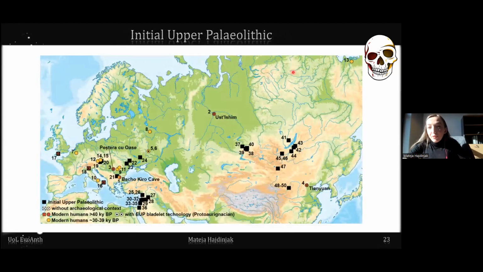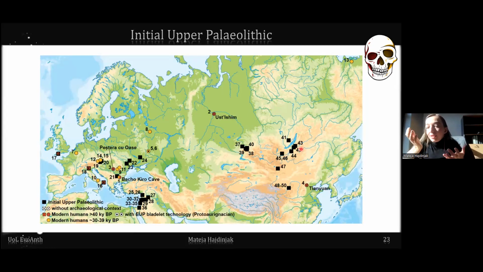And this, for me, was surprising. It was not as surprising for our collaborators that we worked with on the Bacho Kiro cave remains. As I mentioned before, the Bacho Kiro cave individuals are directly associated with the initial Upper Paleolithic assemblage, and the sites with the initial Upper Paleolithic assemblages are found from East Europe to Mongolia or present-day China.